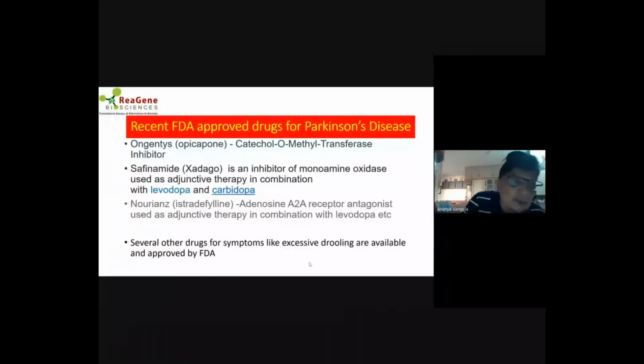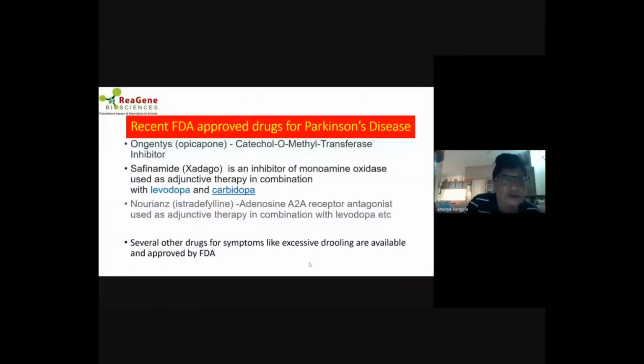The pharma companies are still trying to come up with different target-based drugs for Parkinson's disease. Opicapone is another catechol O-methyltransferase inhibitor that works to some extent.